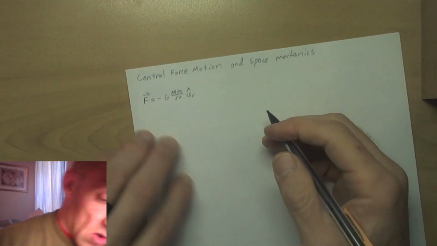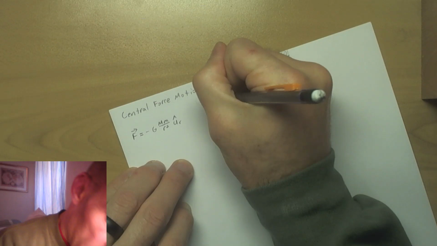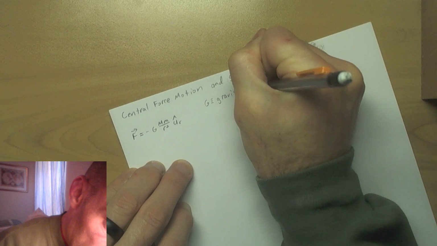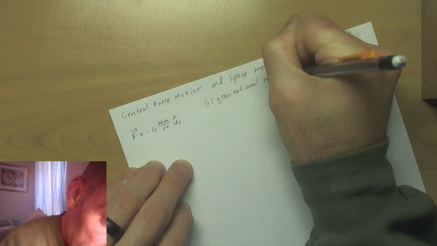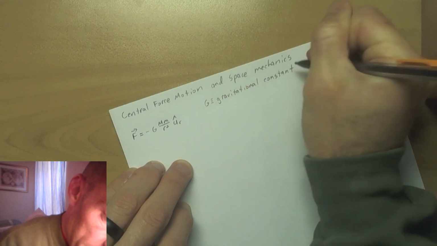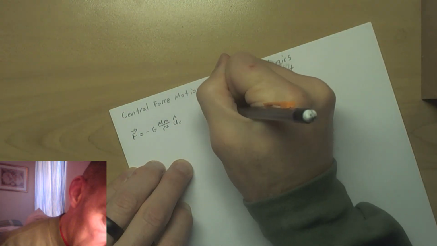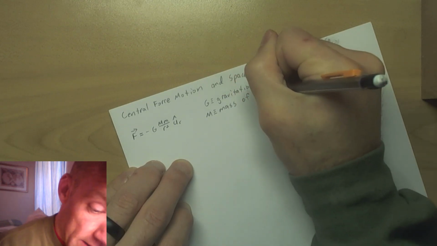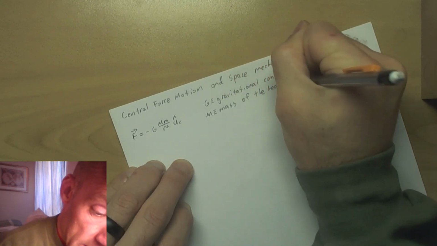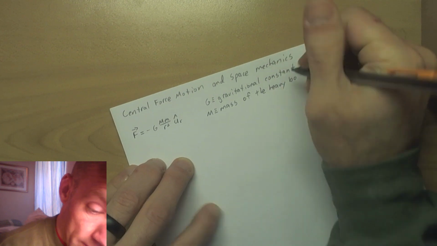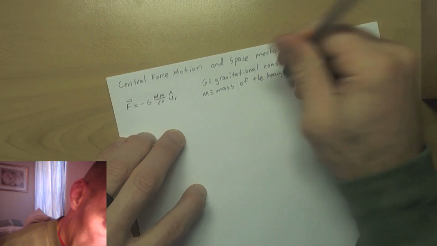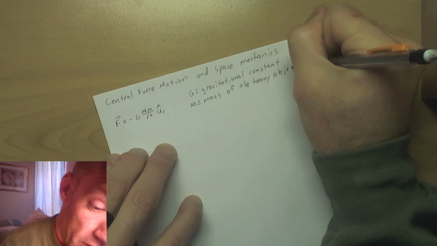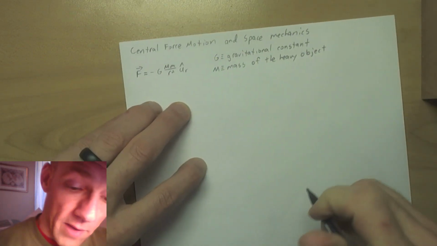G is the gravitational constant. Big M is the mass of the heavy body, or heavy object, like the Earth or the Sun, depending on what we're talking about.